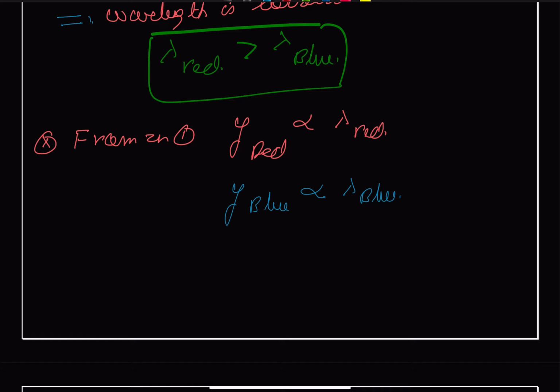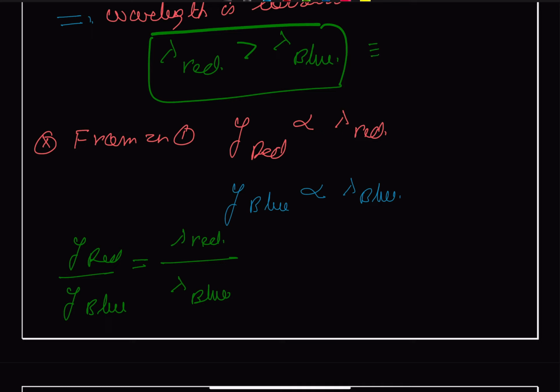And we can just take their ratio and write y of red upon y of blue equal to lambda of red divided by lambda of blue.